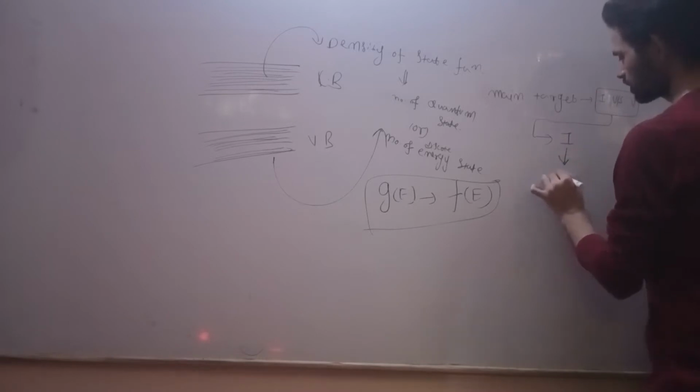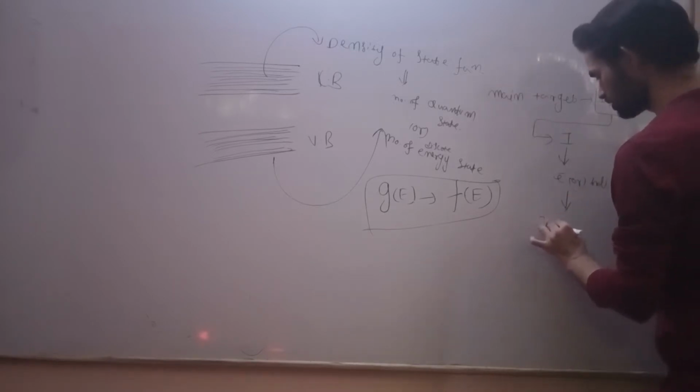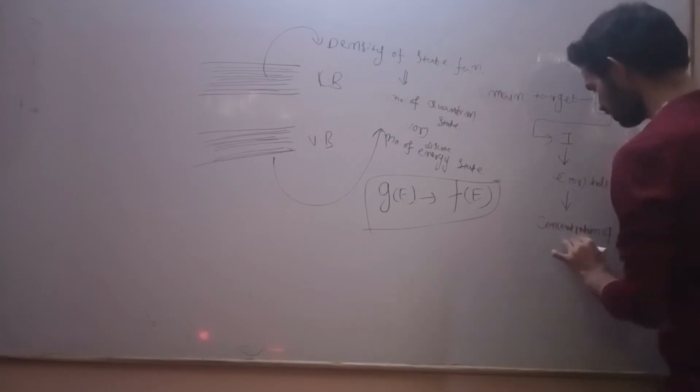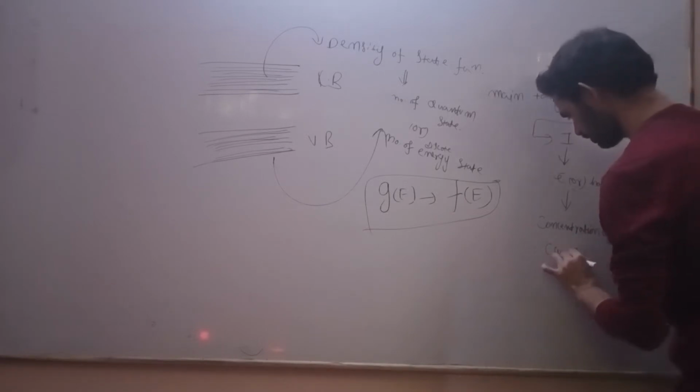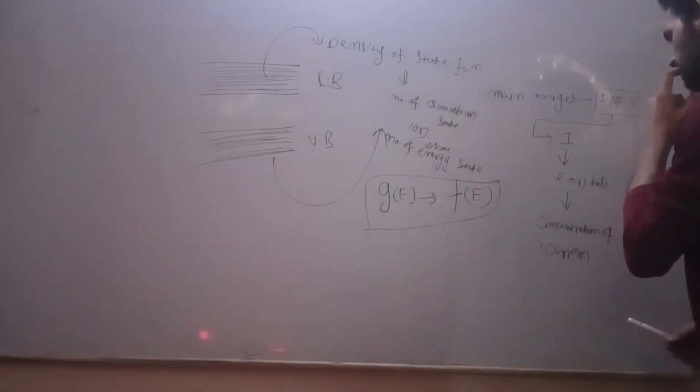For this, first we need to determine the current. For current, we need the number of electrons and holes, so we need the concentration of charge carriers, either electrons or holes, depending on which type of semiconductor it is.